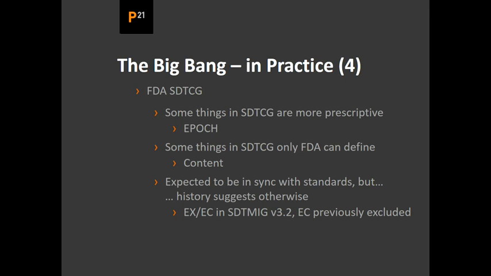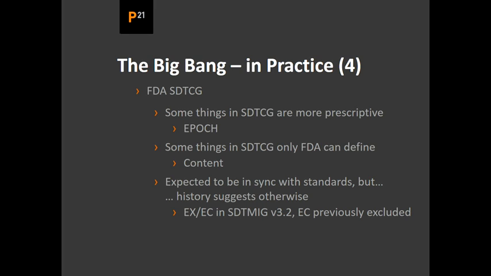exposure as collected domain, which was introduced in Implementation Guide 3.2 as a means to help industry provide a better, more usable exposure domain. There was some concern that, in fact, EC might undermine the creation of a stronger EX.